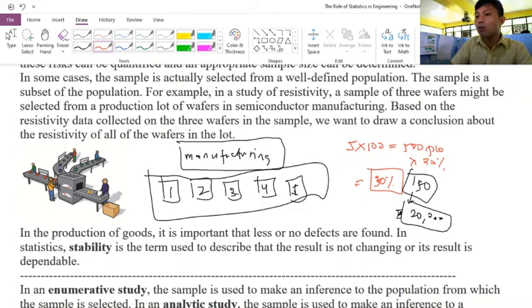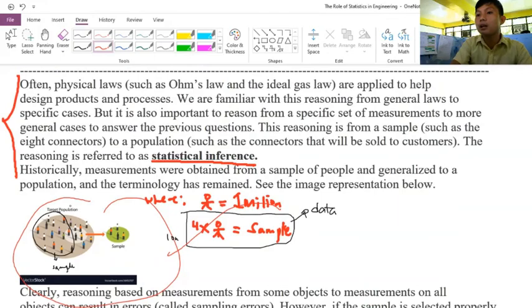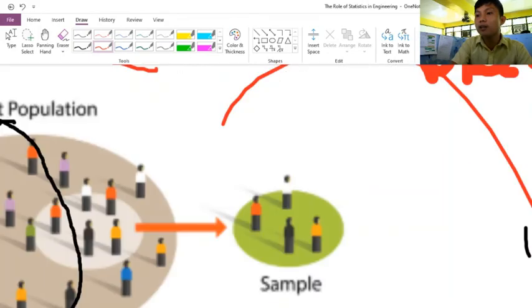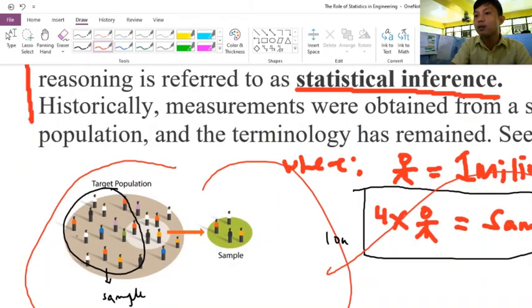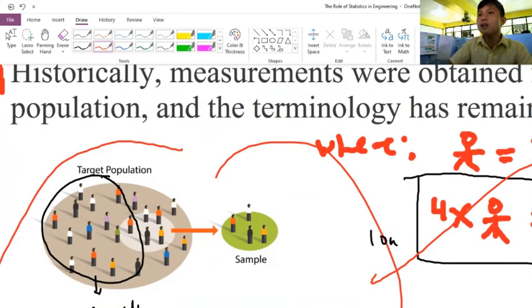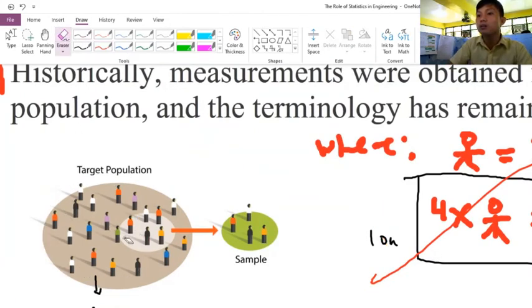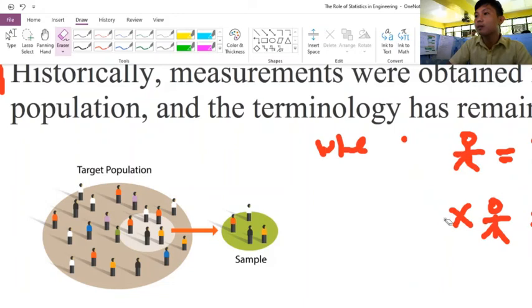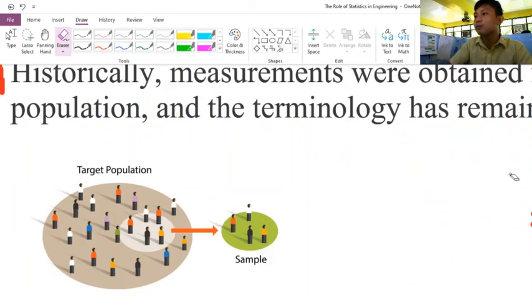ang ginawa mo, okay, balikan natin yung tao kanina. Kapag analytic study ang ginawa natin dito, ibig sabihin lang nun, analytic study means that kung ano man ang results ng ating findings dito, pwede natin, for example, this is the year 2019.